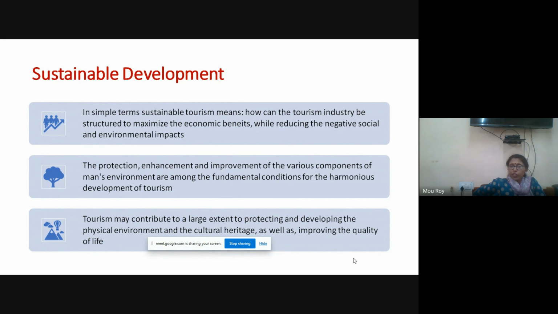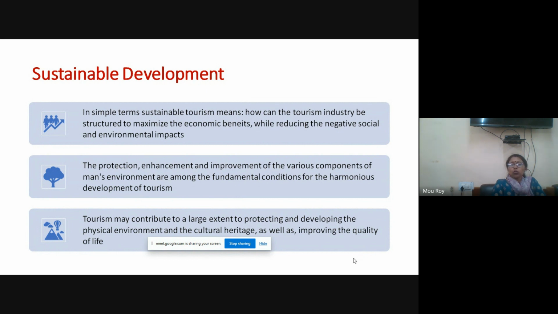So you have to protect, enhance, and improve various components of the environment which are considered the fundamental conditions for staying in harmony with nature.